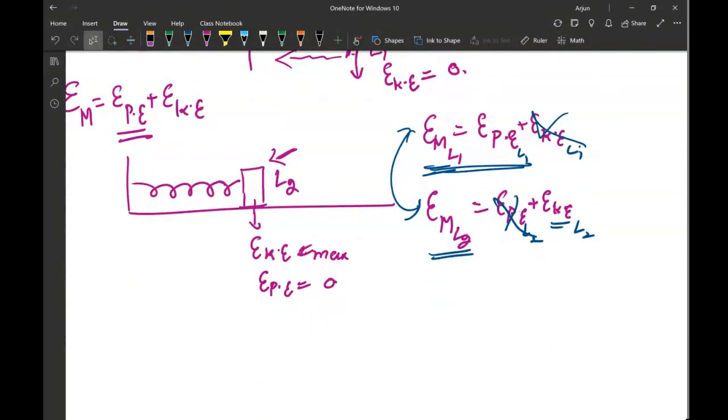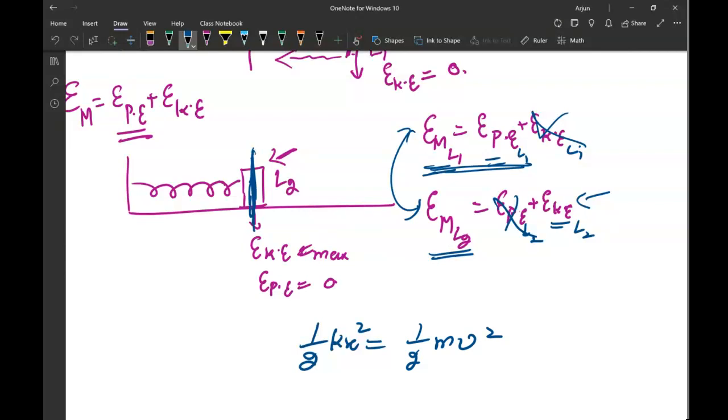Based on this, I can equate them and find out the speed with which it will move when it reaches here or at any point. So potential energy is equal to half kx square, that's the spring energy. And then the kinetic energy, EKE, is half mv square.